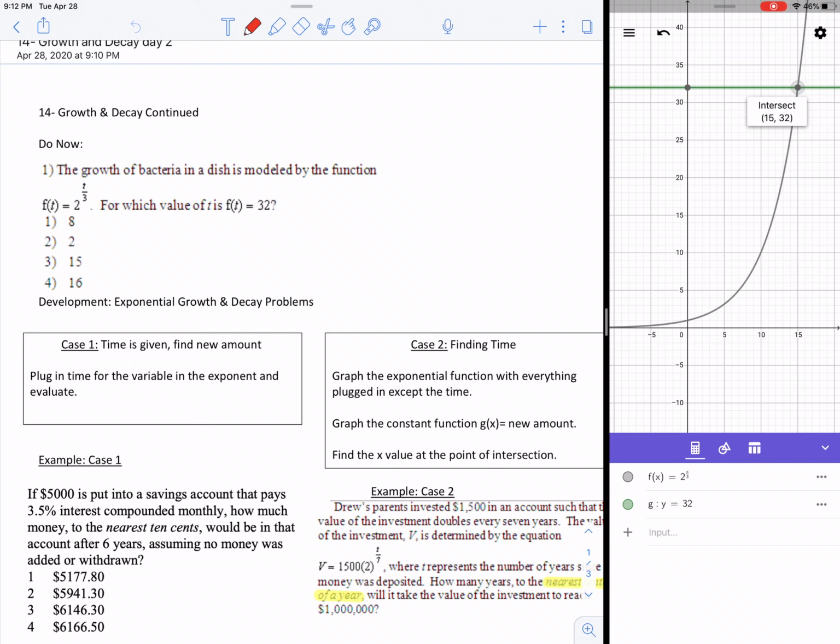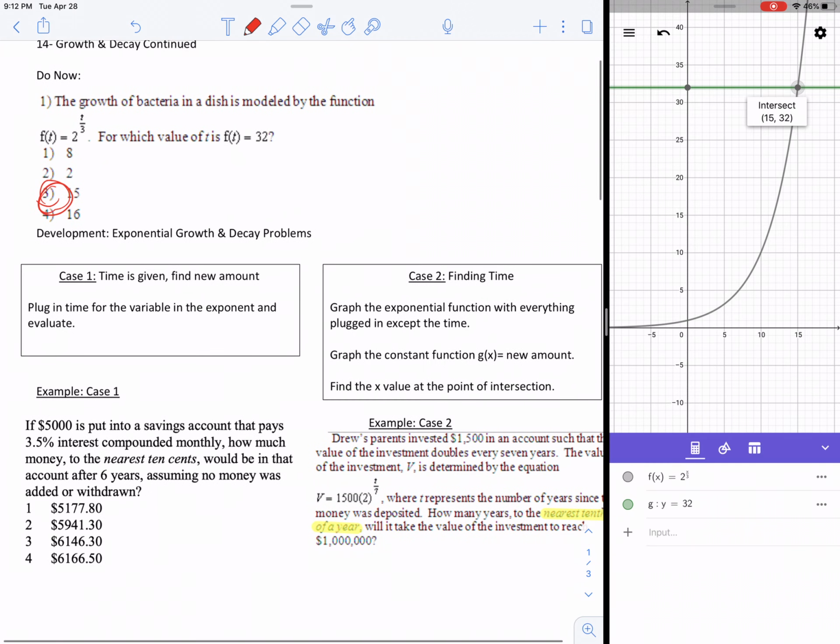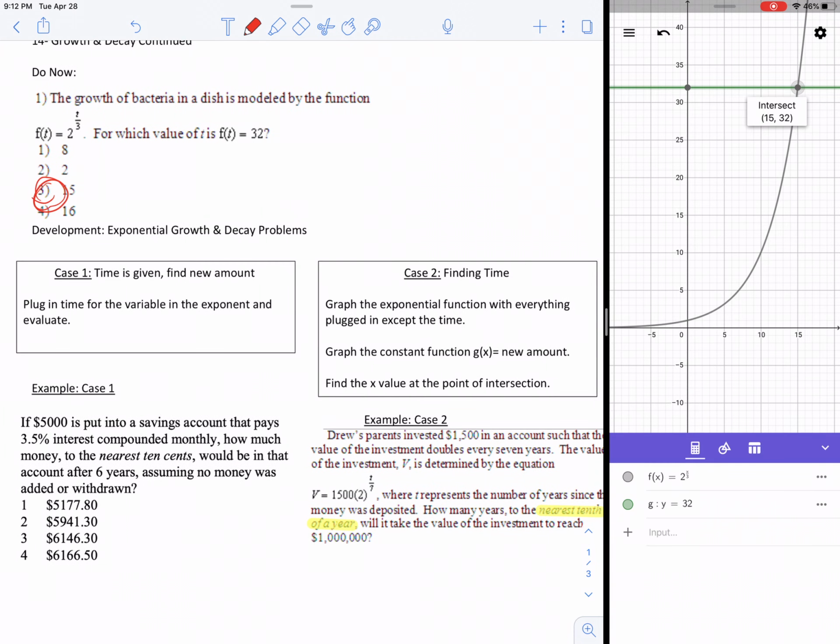So to develop today's lesson, case 1 is going to be just recalling what we did yesterday, simply plugging in a time and finding a new amount. Here's an example for case 1 right below it.